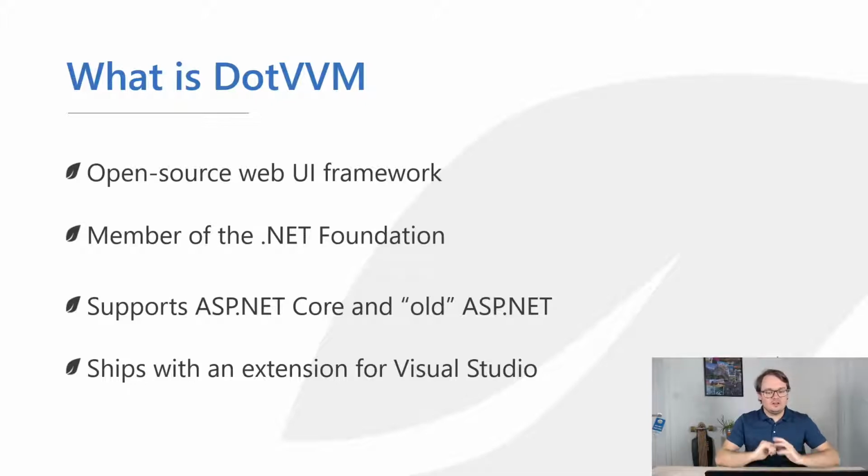DotVVM is not only the framework, not only some NuGet package that you install in the project, it also has an extension for Visual Studio, because DotVVM is using its own version of markup files. So in order to provide syntax highlighting and IntelliSense and all those things, you need to install an extension for Visual Studio.